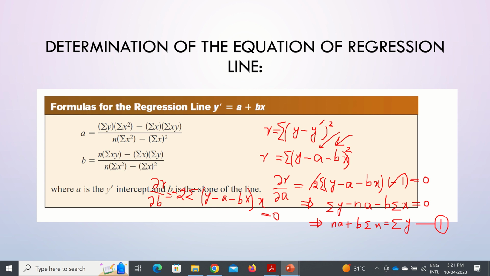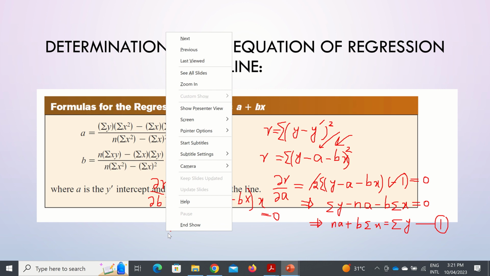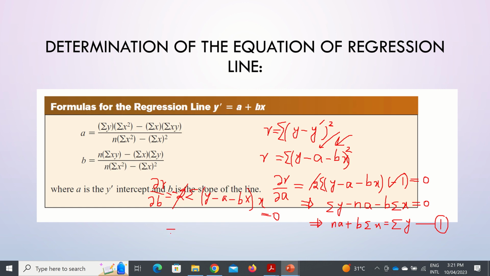So in this equation we can obviously cancel 2 on both sides, dividing by it, and then multiplying x inside and applying summation as well. So from here we can write this equation in the form: summation xy, minus a summation x, and then minus b summation x square.